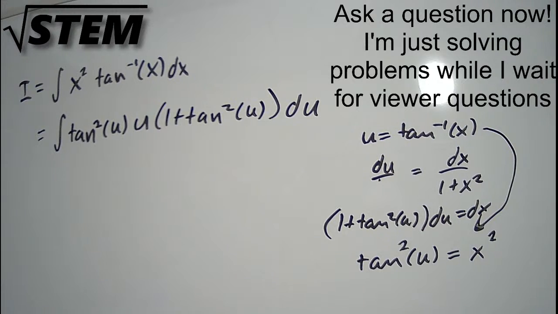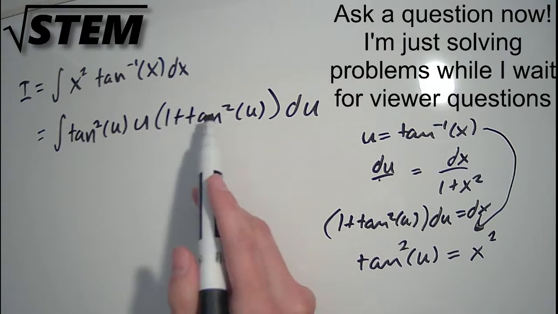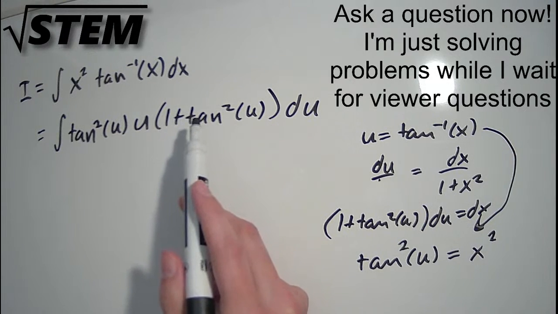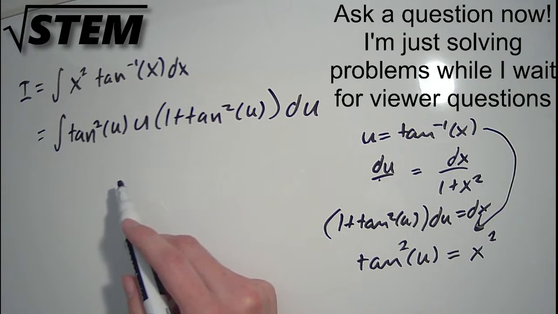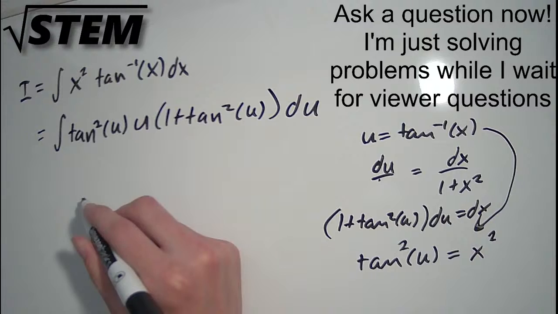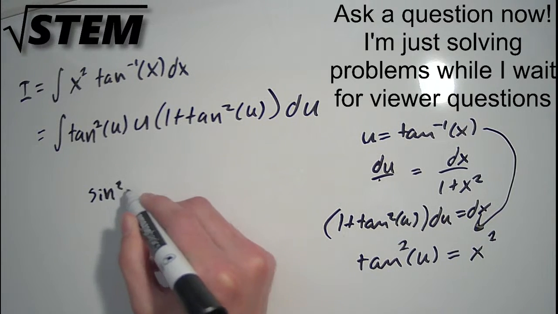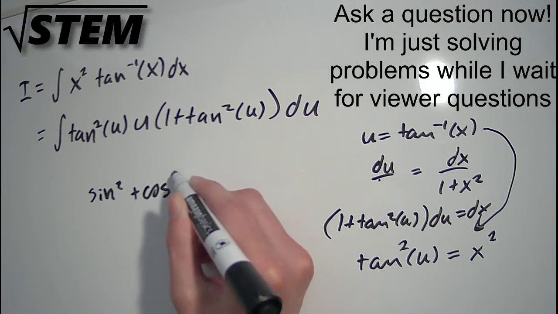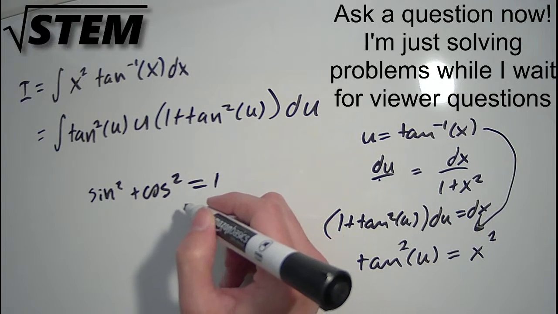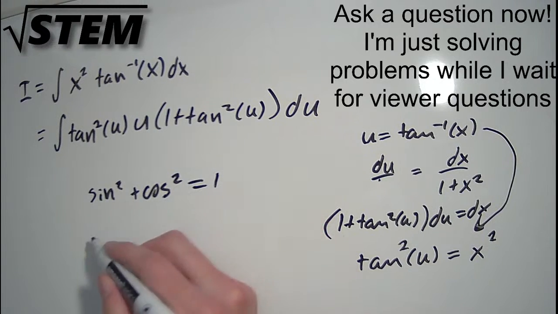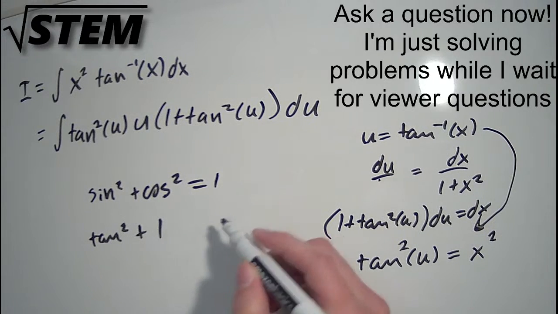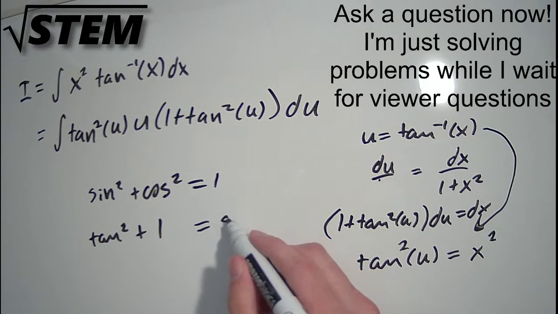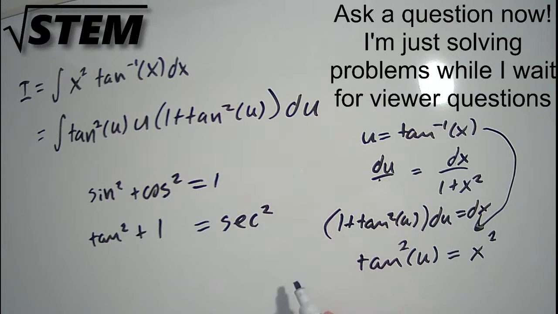So this is telling me there's probably some sine squared plus cosine squared stuff going on. Divide by cosine squared and we get tangent squared plus 1 is equal to secant squared.